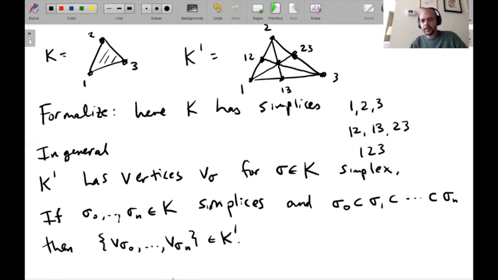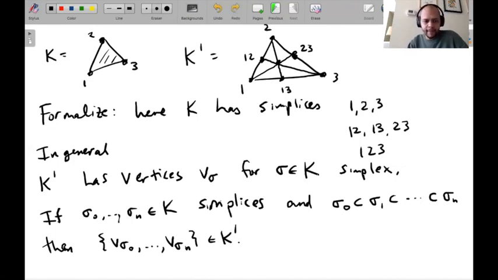Remember, in a simplicial complex you have a vertex set, and then simplices are subsets of the vertices. So K prime has vertex set these symbols V sigma, one for each simplex of K. And I'm telling you that n plus one of these span an n-dimensional simplex precisely when you can arrange them in this nesting order.